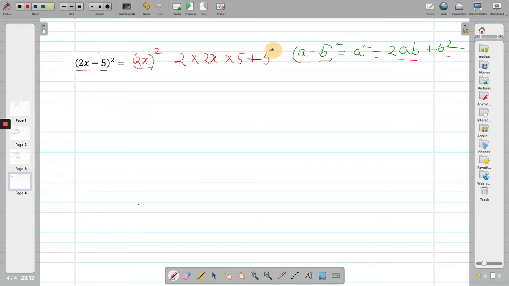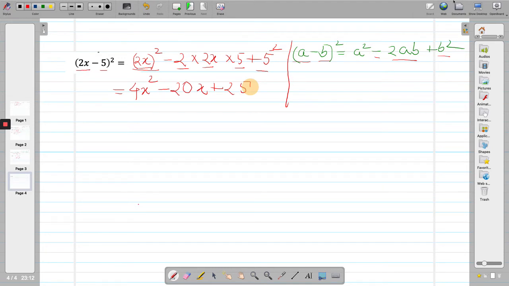Now if I expand this, it becomes 4x squared minus 2 times 2 is 4 times 5 is 20x, plus 5 squared, which is 25, and this is the answer. So be extra careful when you have something like this.